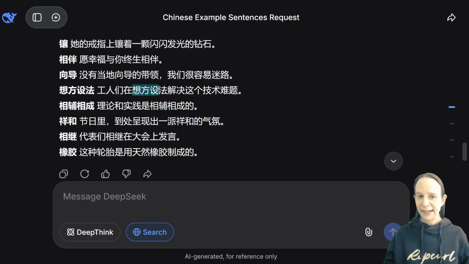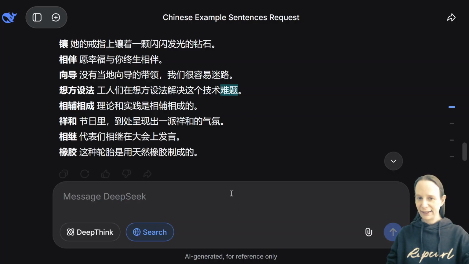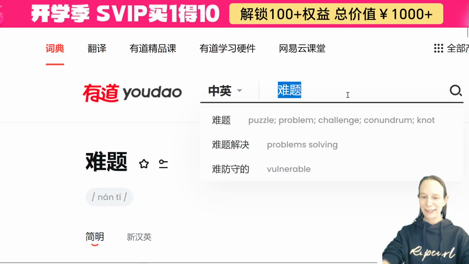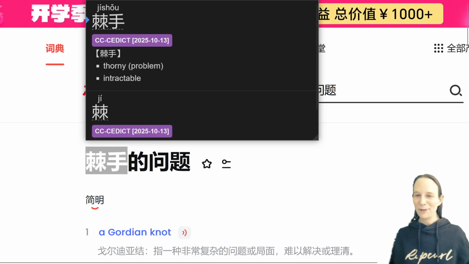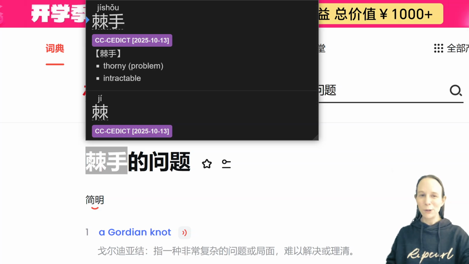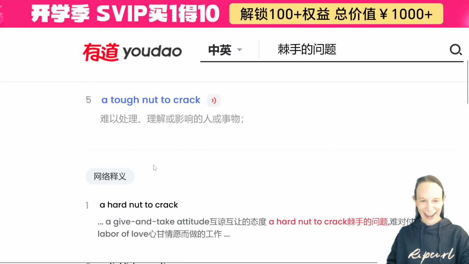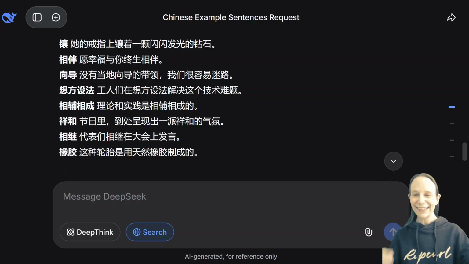Right, so the workers are coming up with all sorts of ideas for solving 难题. 难题, 棘手的问题, right? A thorny problem. I like this one. 棘手, thorny. It is a thorny problem. 棘手的问题. That's a really good collocation. You can really flex when you get this one out. Oh, 棘手的问题. And then you can use it a lot.